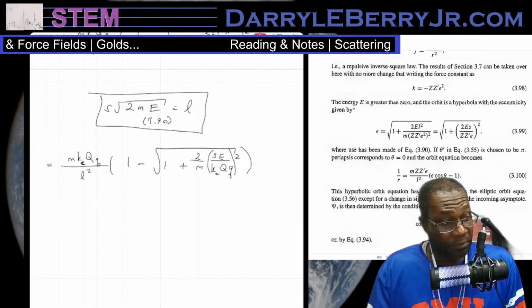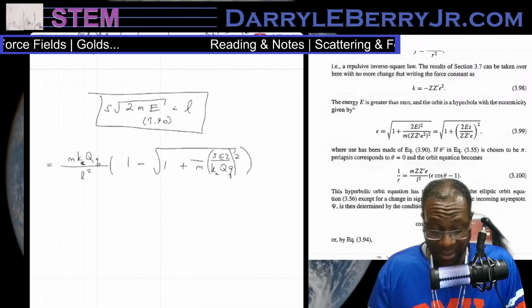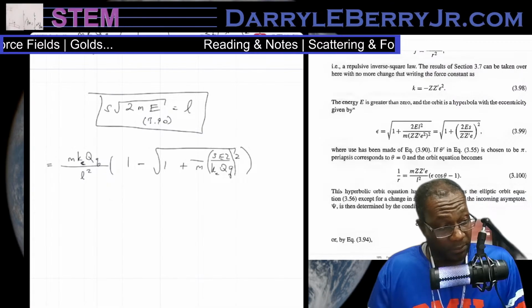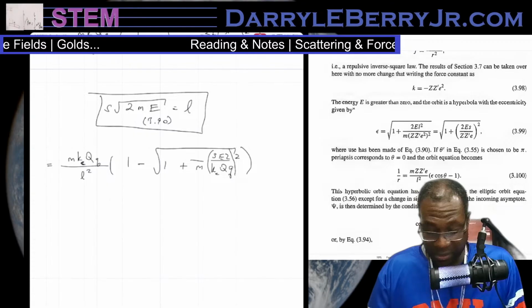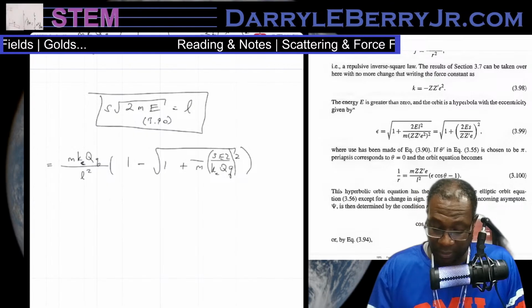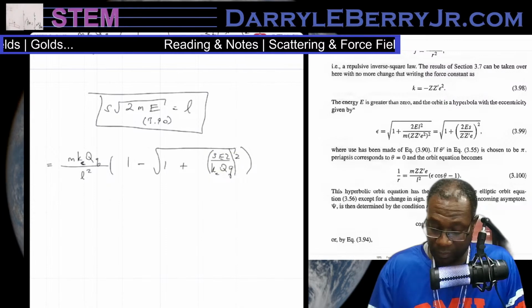We have 2m, so we have 2 squared. 2 can go back under there, and m cancels out. Right. So you have this. So now we're getting closer to the book answer.